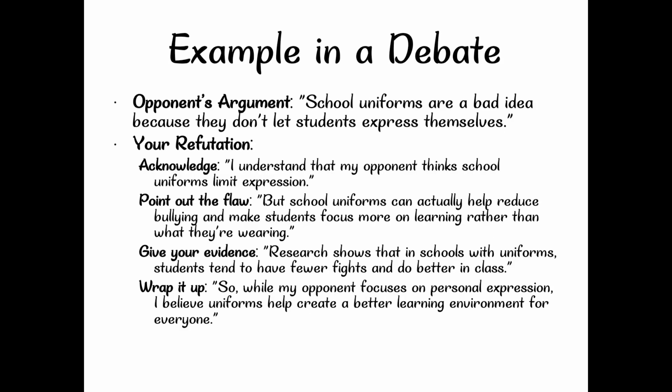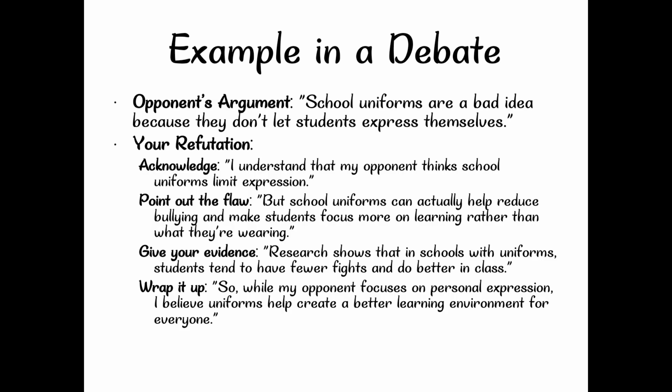So here I have given a debate, an opponent's argument, and then how we can refute that, like acknowledging the point, pointing out the flaw, then giving our evidence and finally wrapping it up. Let us see the main argument of the opponent: school uniforms are a bad idea because they do not let students express themselves. So my refutation.